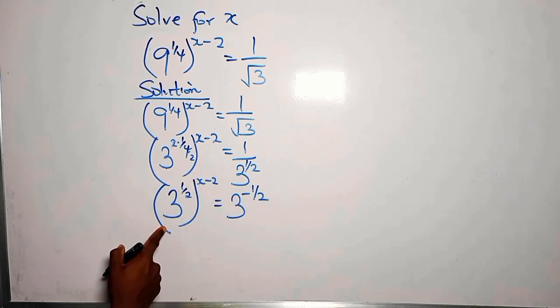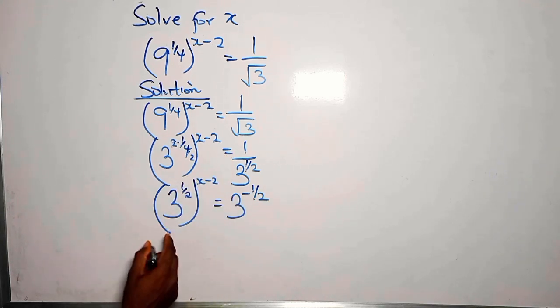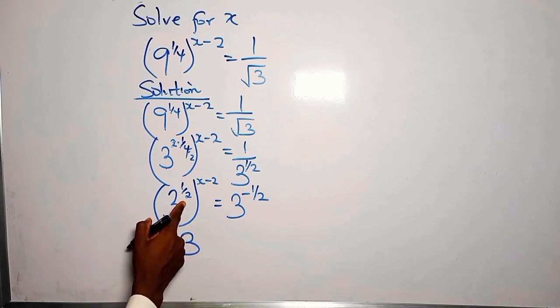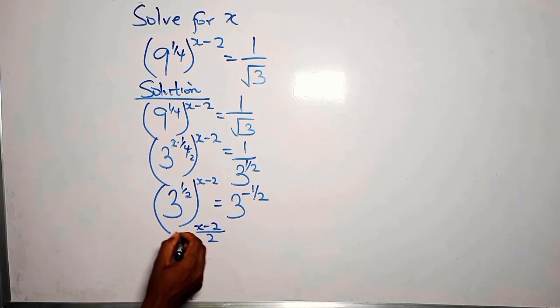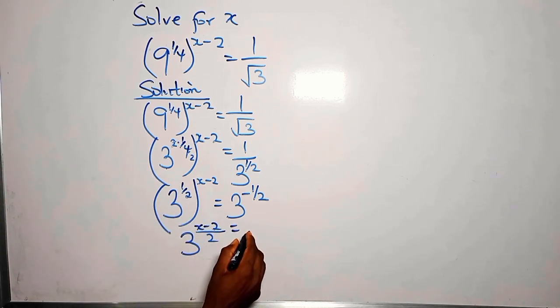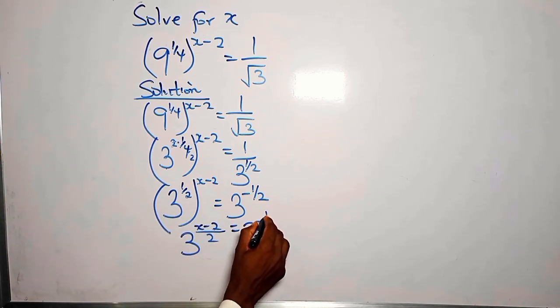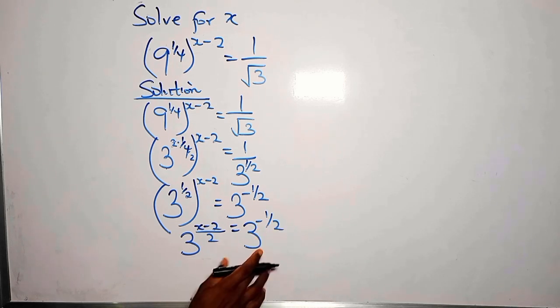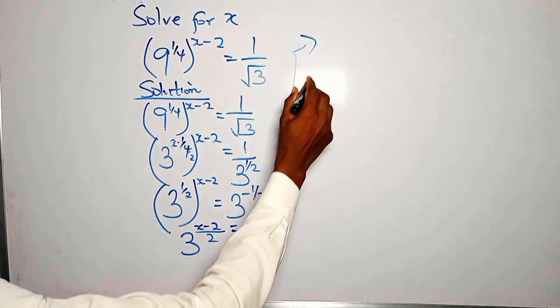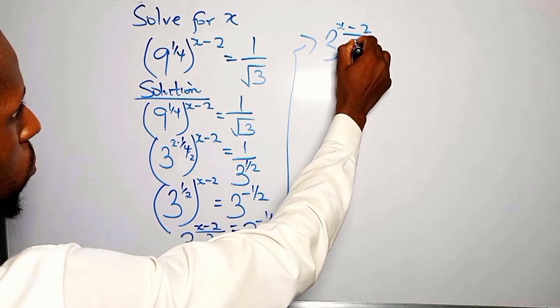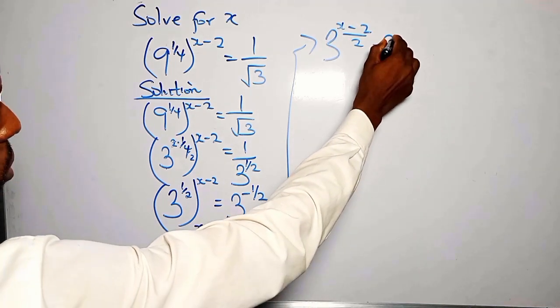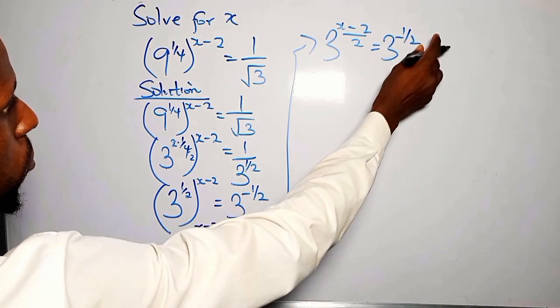Okay, so here we can apply the exponent law, that is 3, multiply this with this. We have this as x minus 2 divided by 2, equals 3 raised to power minus half. So from here we have 3 raised to power x minus 2 divided by 2 equals 3 raised to power minus half.